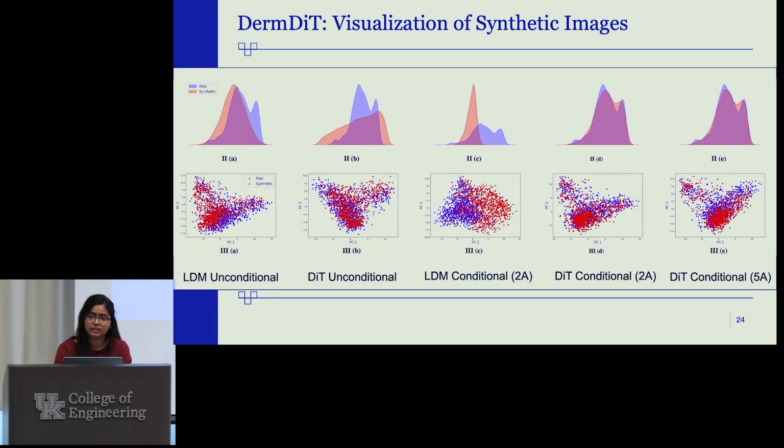The diffusion process is not developed by me. The diffusion process was developed like 3, 4 or 5 years ago. So I'm using the diffusion process and training on dermoscopic images to generate more dermoscopic images. The current diffusion models are not trained on any medical images, but on natural images.